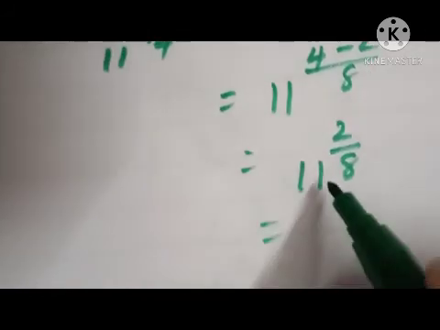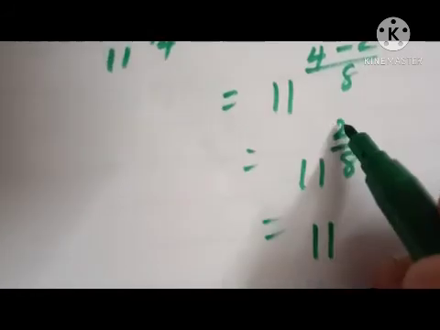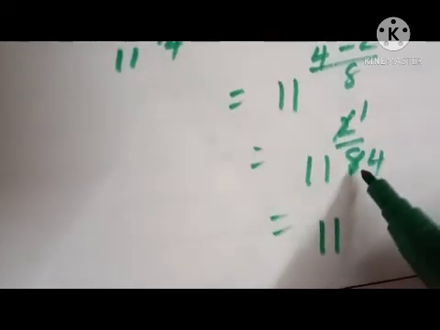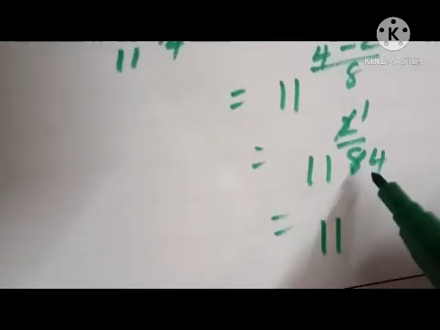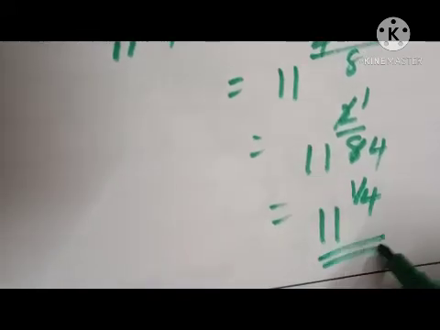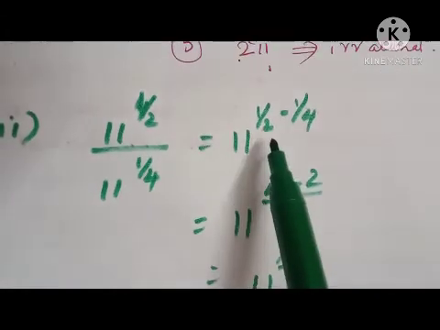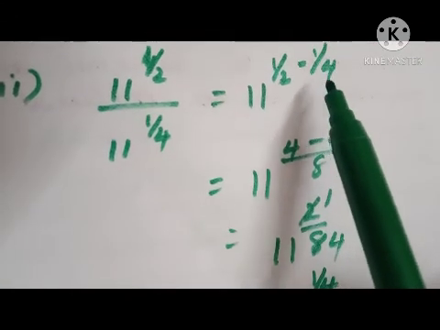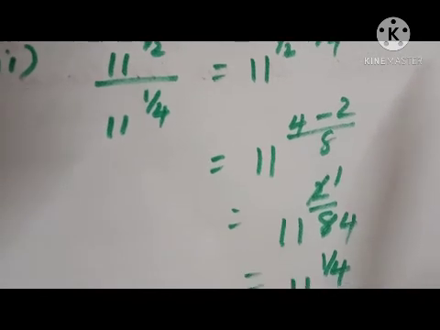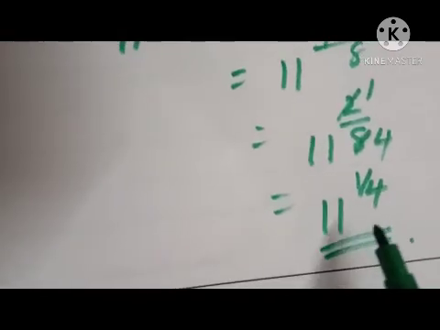That we can again simplify 2 by 8 as 1 by 4. We can divide both the numerator and denominator by 2. So the answer is 11 raised to 1 by 4. Here I did that by the cross multiplication method. You can do that by the LCM method also. Anyway, you will get the answer as 11 raised to 1 by 4.